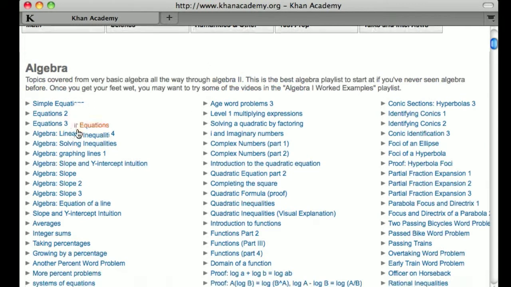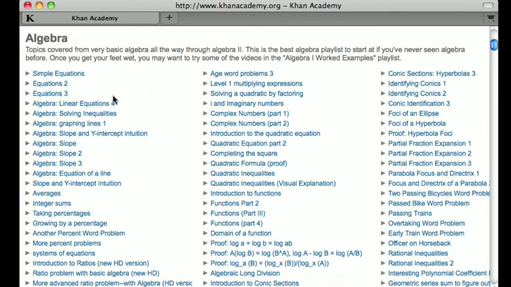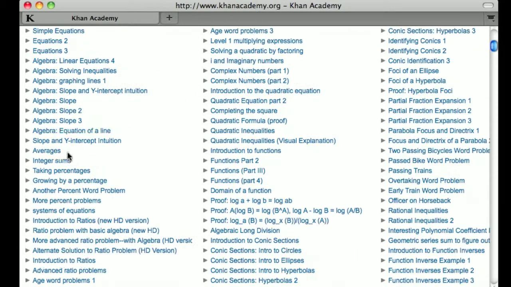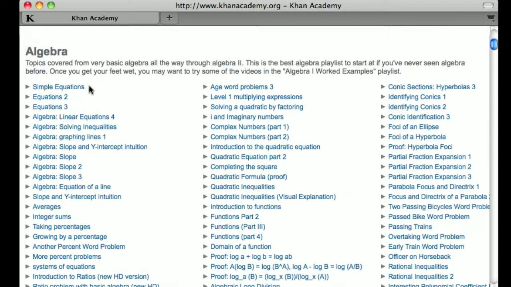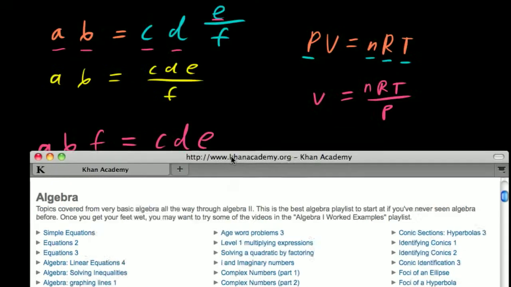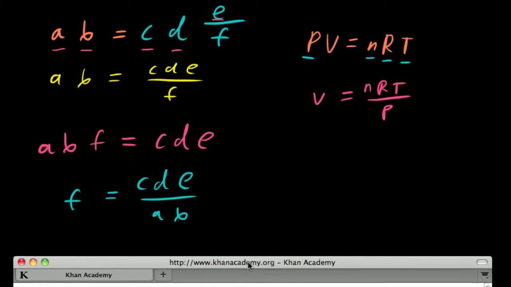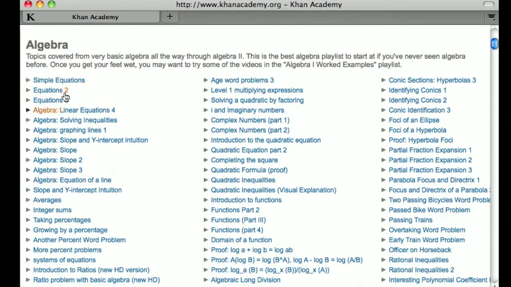It's definitely in your best interest to go through as much of the algebra playlist as you are able. To solve simple equations like this, you probably won't need to go that far into algebra, but it's still in your best interest to go as far as you can.